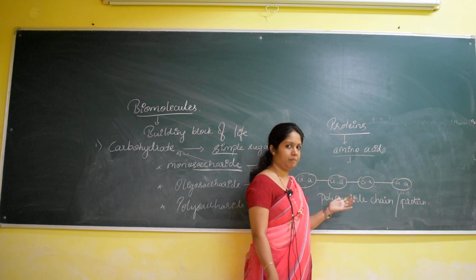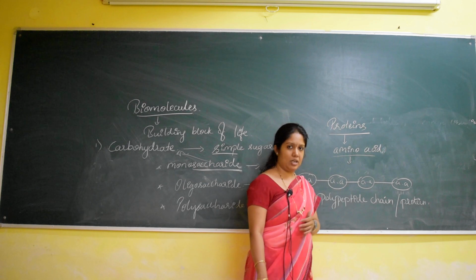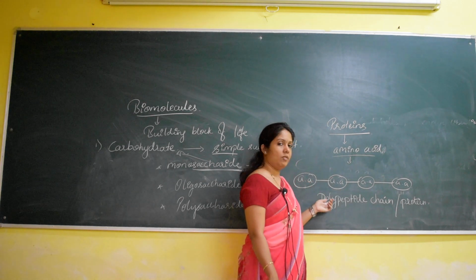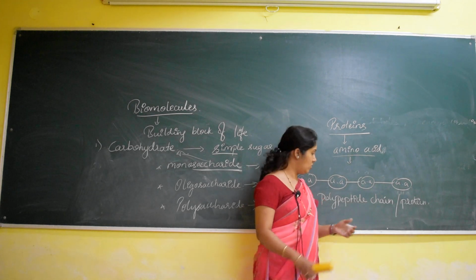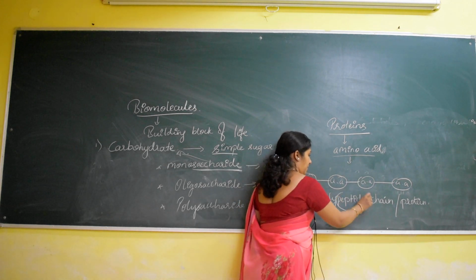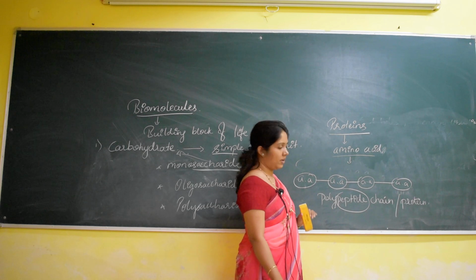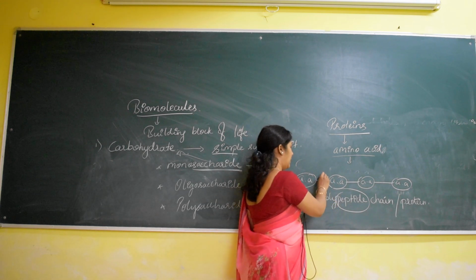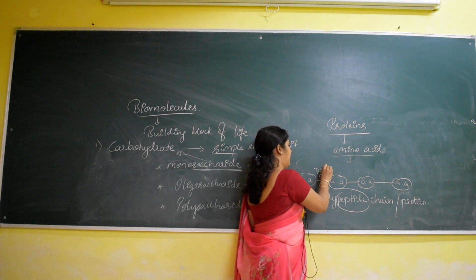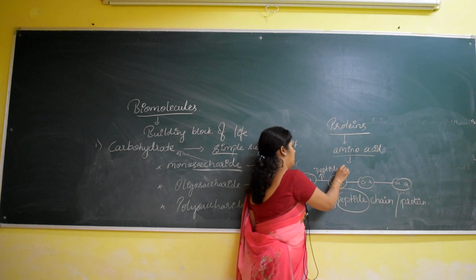Many amino acids together result in the formation of a polypeptide chain. Here you can see one word, peptide. What is this peptide? Each amino acid is linked to the next by a bond called the peptide bond.